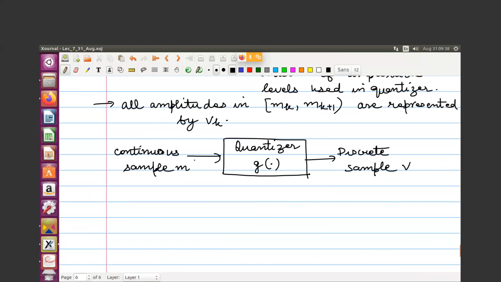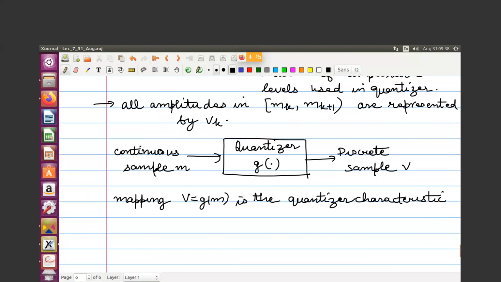This mapping v equals g(m) is the quantizer characteristic. This is the term used for it. The characteristic is a staircase function by definition.